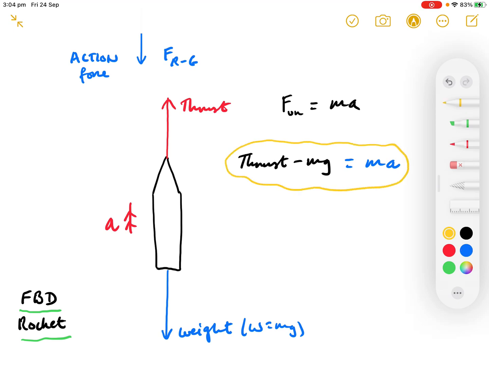Now, generally speaking, so there's our equation. Generally speaking, the thrust remains constant throughout the burning of the fuel. So it doesn't matter whether the tank's half empty or quarter empty or whatever, the thrust remains constant. The mass is going to change, so we'll come to that in a second. g, of course, is always constant.